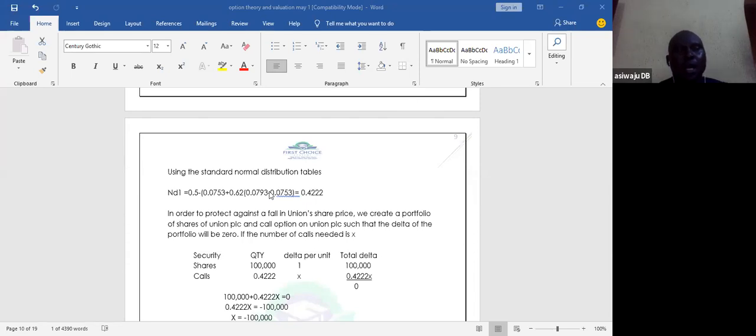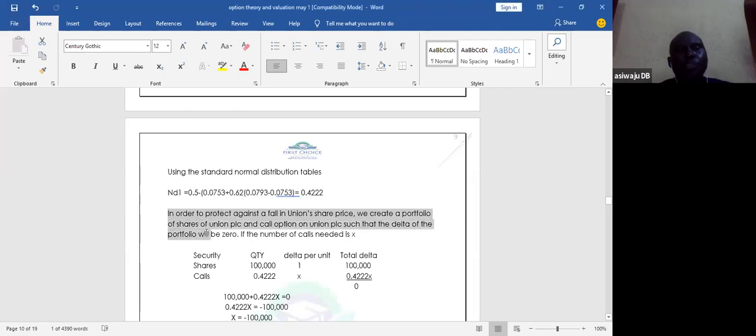Now, note the delta of a call option is ND1. At times, the examiner may give it to you expressly in the question, or you may be required to compute it. Look at this comment.